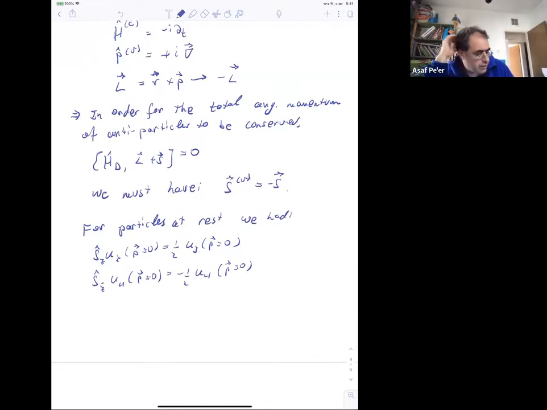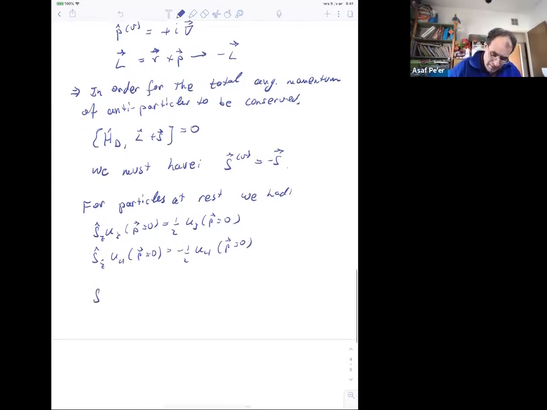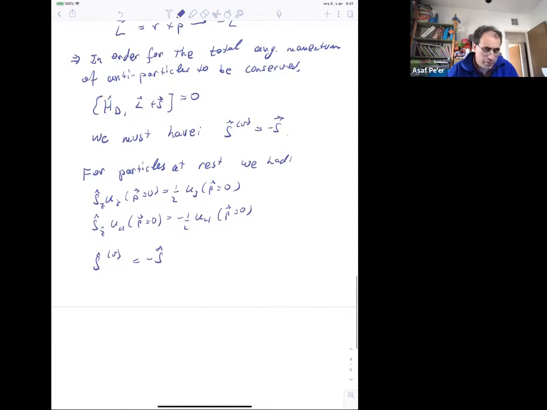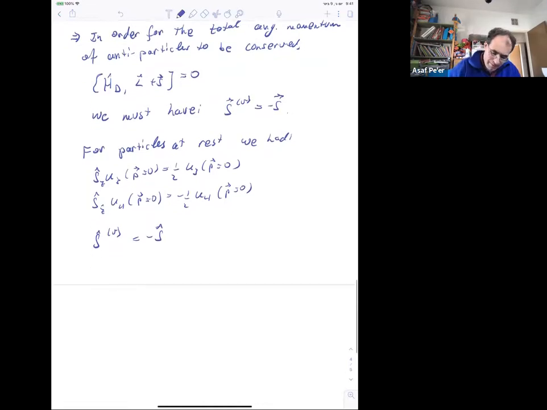Now the spin operator for the antiparticle is changed, right? So S for V is minus S. So for antiparticle at rest, V1 at p equal to 0 is U4 at p equal to 0, and that means it will have a spin up, because we just reversed the sign.